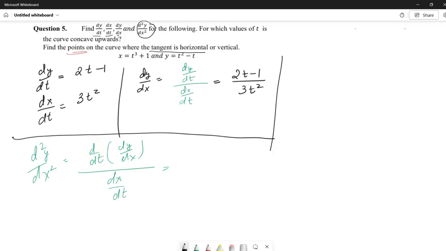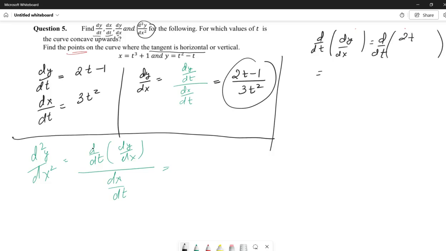So basically, quickly find the derivative of dy by dx with respect to t. How are we going to find it? We are going to differentiate 2t minus 1 by 3t squared using the quotient rule, over 3t squared, whole squared.